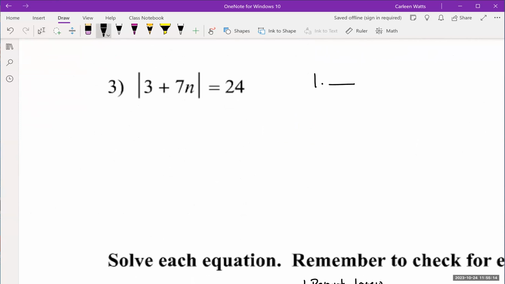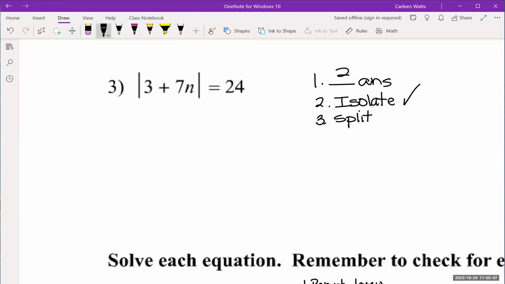How many answers? Okay, isolate. There's nothing. Yeah, everything is locked inside the absolute value. So now we're going to split. You can either do it like I did for problem 1 or like I did for problem 2.